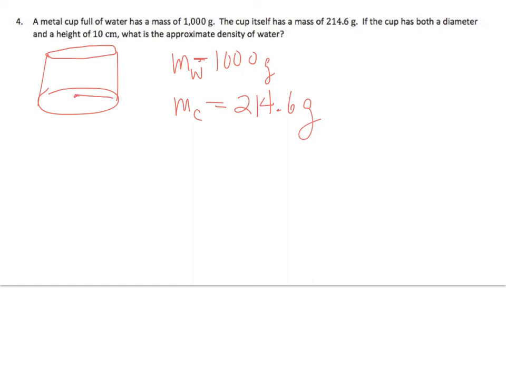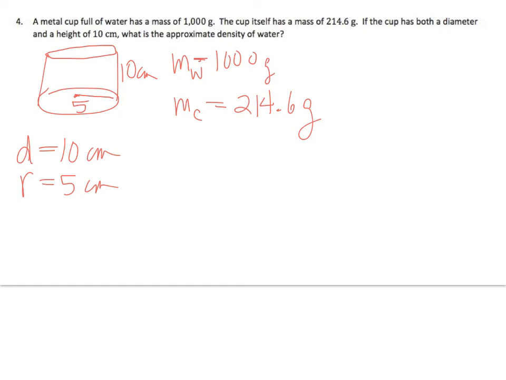So diameter is 10 centimeters, so my radius is 5 centimeters. My height is 10 centimeters. So, what is the approximate density of the water?